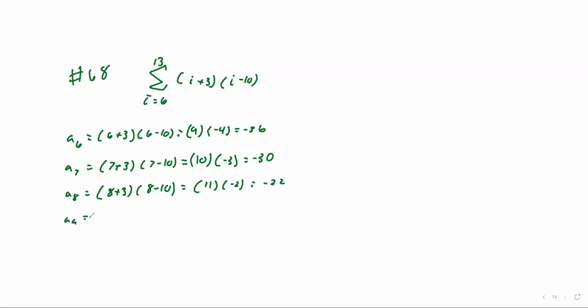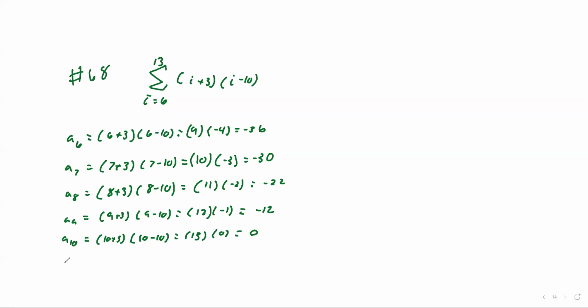A sub 9 would be 9 plus 3 times 9 minus 10 equals 12 times negative 1. So that'd be negative 12. A sub 10 would give you 10 plus 3, 10 minus 10. So that'd be 13 times 0, which would be 0.